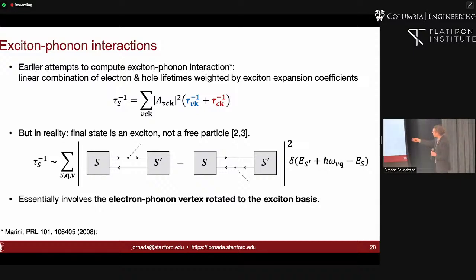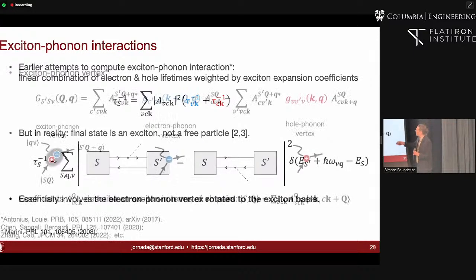This expression here, you can also cast into self-energy form and so on, but it basically involves computing the electron-phonon vertex. So basically the coupling of this phonon between two excitonic states. This is basically a rotation of the electron-phonon interaction to the exciton basis, and it can be described like this.